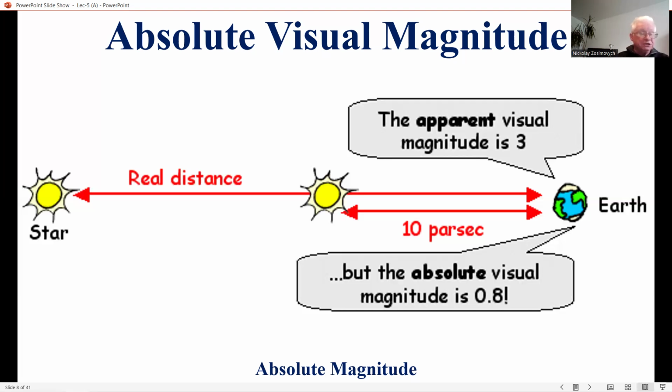Astronomers have adopted 10 parsecs as a standard distance and refer to the apparent visual magnitude a star would have if it were 10 parsecs away as its absolute visual magnitude. This is an expression of the intrinsic brightness of the star.